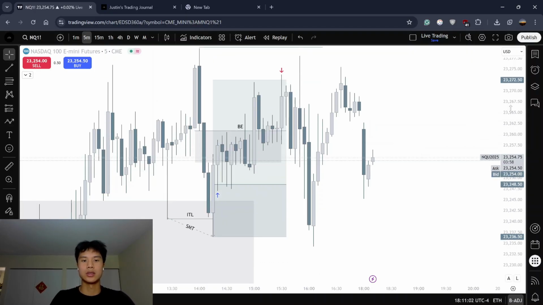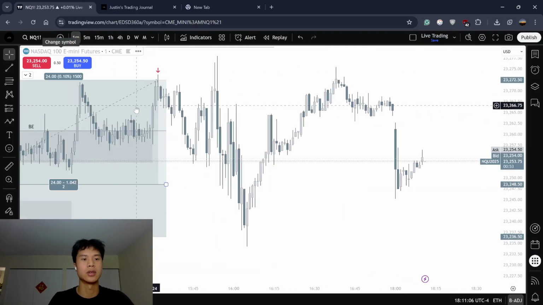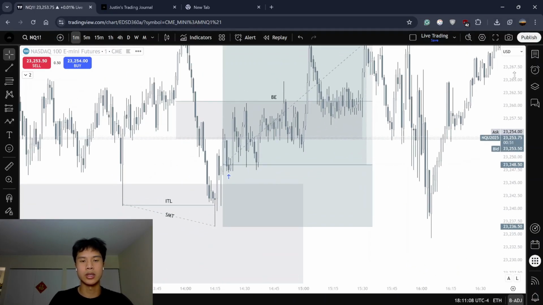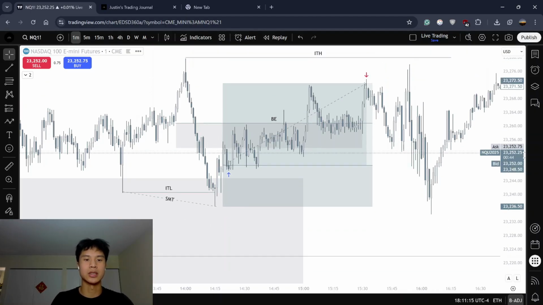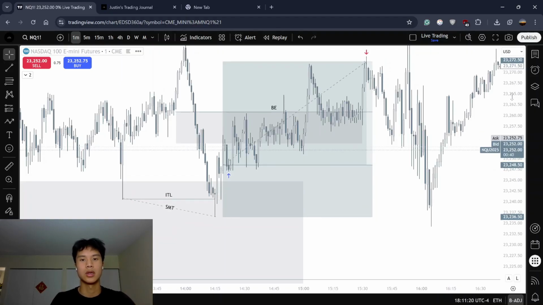Now, then I come down to the lower time frame, like the 1 minute here. I normally take trades on the 1 minute or the 5 minute. It really just depends on the scenario. My entry model is basically an inversion fair value gap, traded above, and then I just get in.